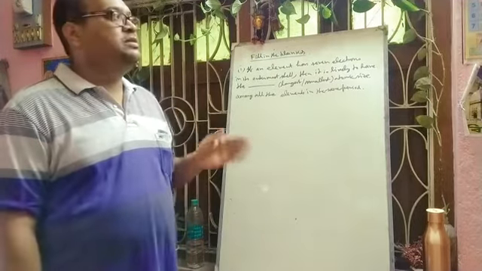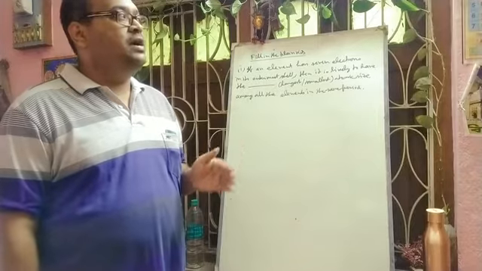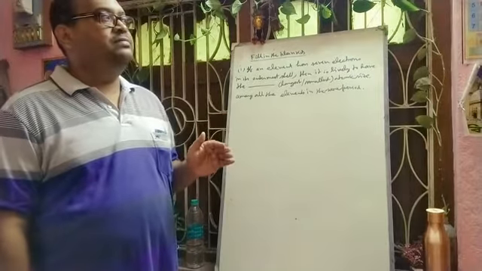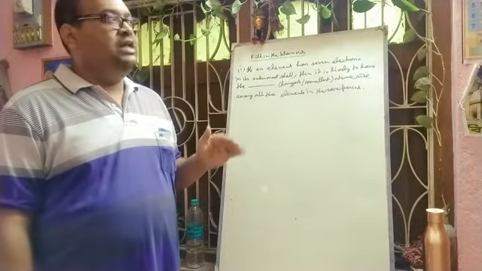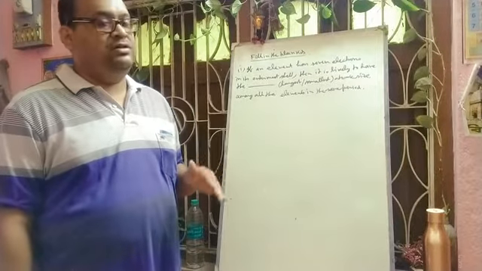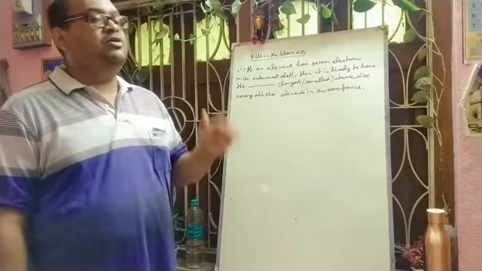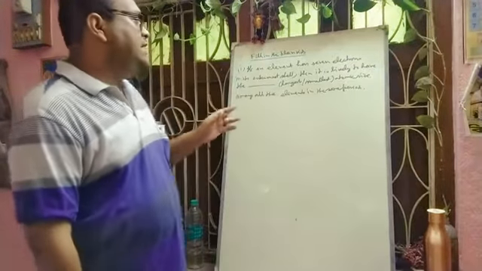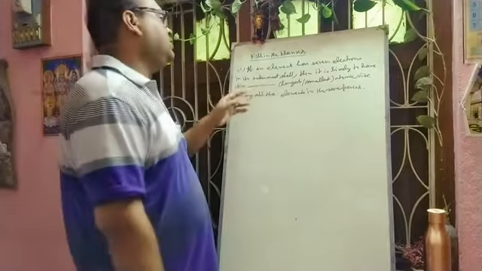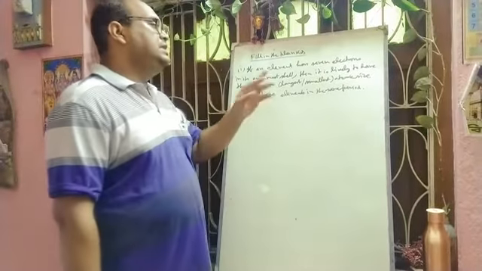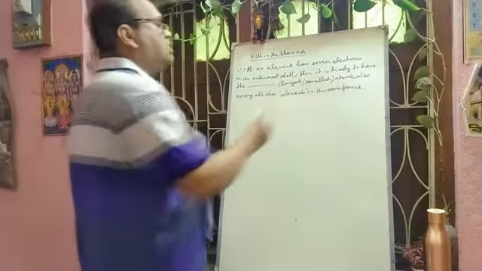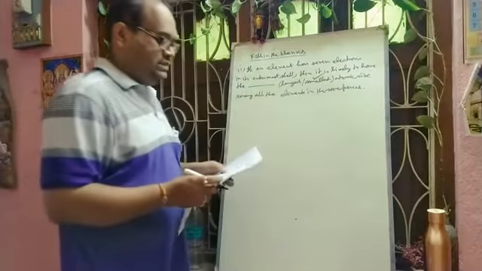Suppose we consider the period 3 elements: sodium, magnesium, aluminium, silicon, phosphorus, sulfur, chlorine. From sodium to chlorine, size is decreasing continuously. So definitely the element with 7 electrons in its outermost shell is likely to have the smallest atomic size. So your answer will be the smallest atomic size.